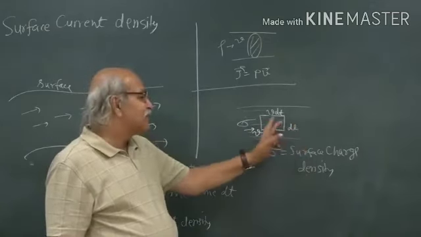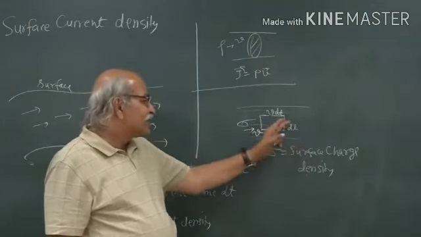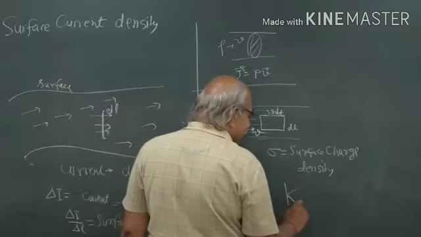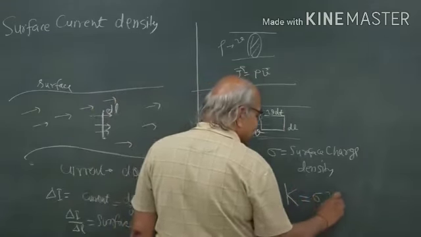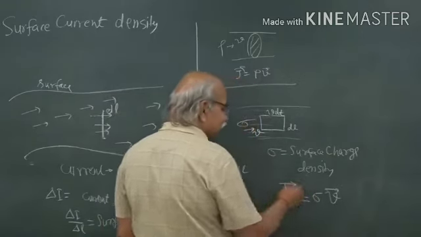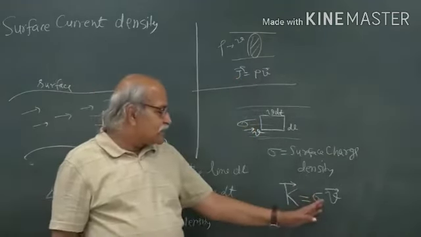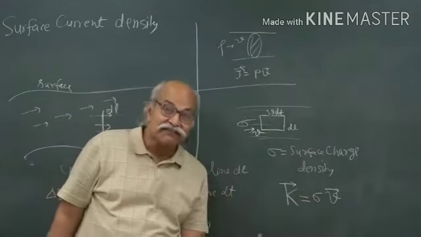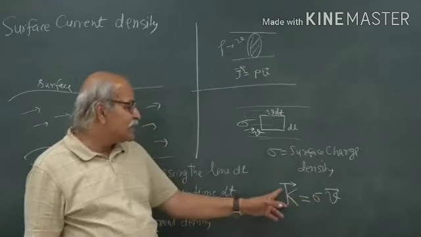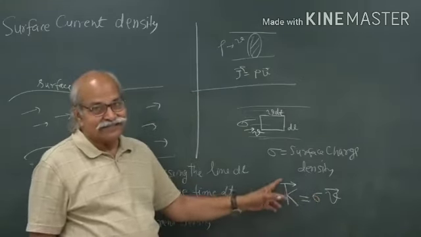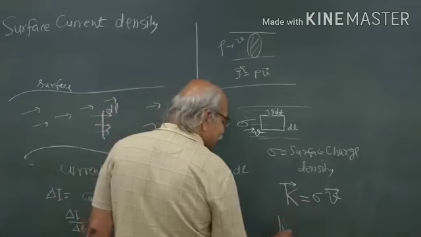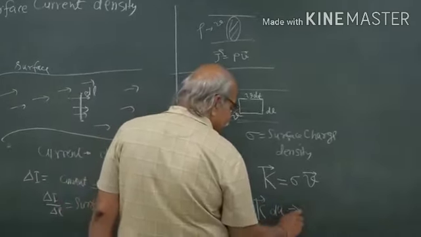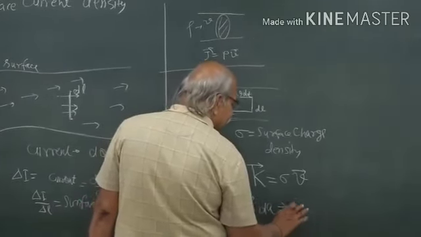So, from there you can calculate the current and then the current density, and what you will find is K is equal to sigma v, as a vector. So, if you know the charge density sigma and the velocity with which they are moving on the surface, then you can immediately write the current density. And K dA is called the surface current element.